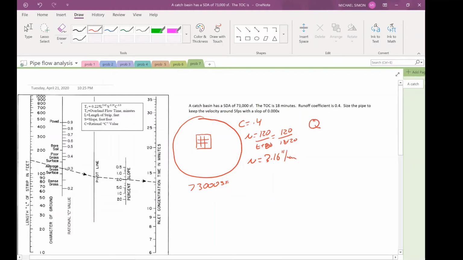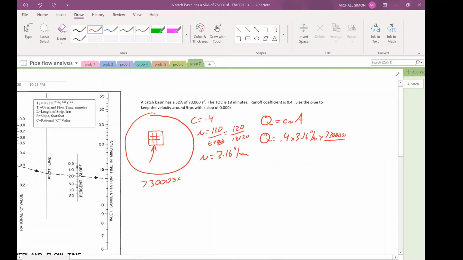So when we go to figure out how much water is actually going into the basin, Q is equal to CIA. Q is equal to 0.4 times 3.16 inches per hour times 73,000 square feet. And what's the units we need for that? That's got to be acres. So 43,560 square feet per acre.